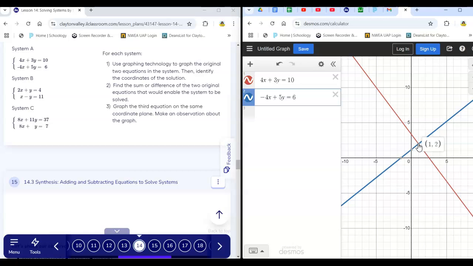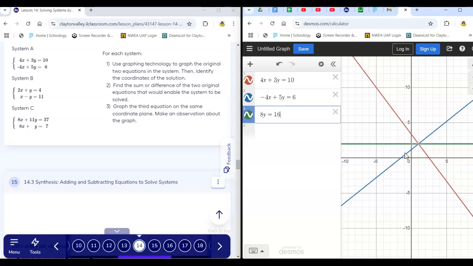Now you're going to add these two together, and when you do that, you're going to get rid of the x's and you're just going to have y's. You're going to have 8y equals 16. So we're going to now type that equation.